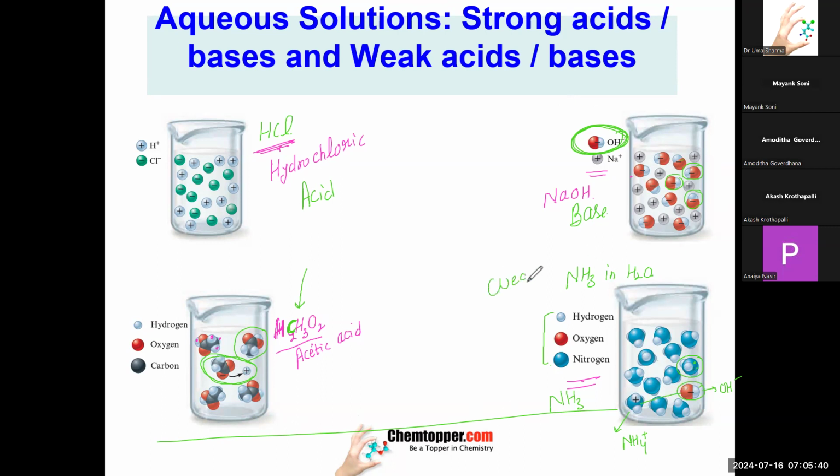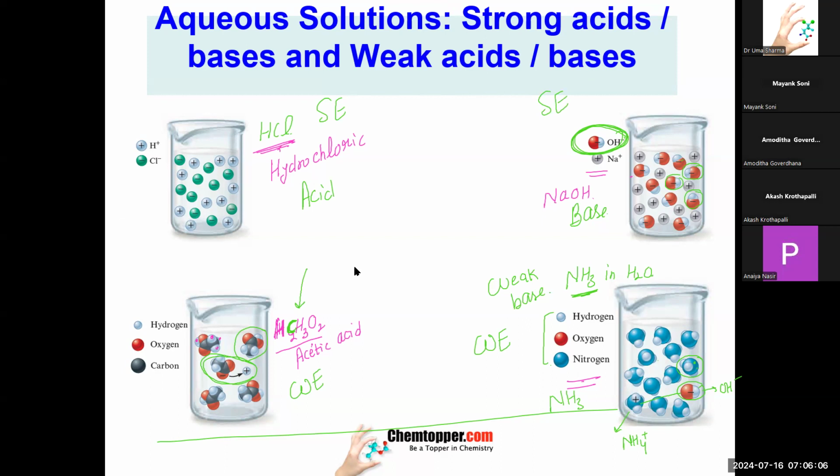Ammonia is a weak base, a weak electrolyte. Ammonia is a weak electrolyte. Acetic acid is a weak electrolyte, weak acid. HCl is a strong electrolyte. NaOH is a strong electrolyte. We're okay?